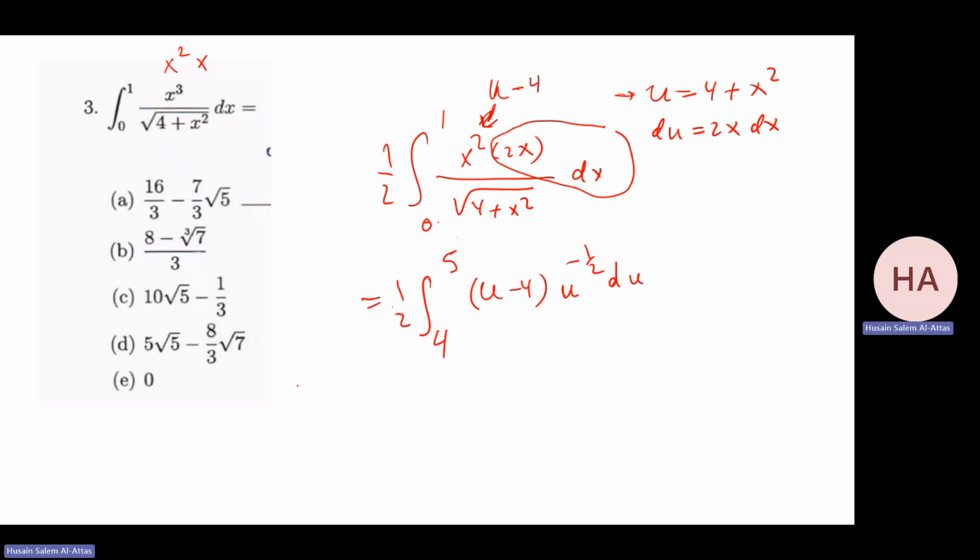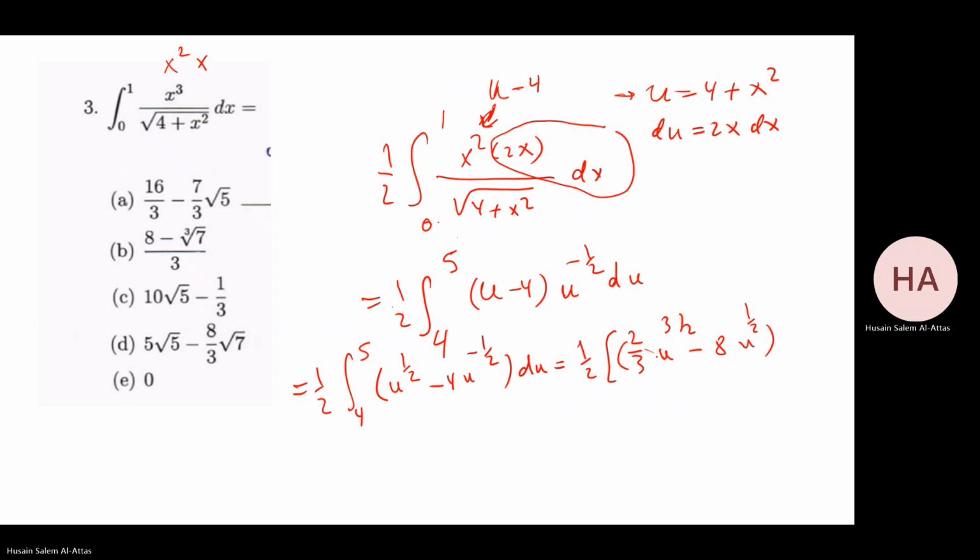So what I have, let me do it in steps. u to the power half minus 4 u to the power minus half du. That will be half, add 1, 2 over 3 u to the power 3 over 2, minus 8 u to the power half, from 4 to 5. Yeah, that will be what? Half.